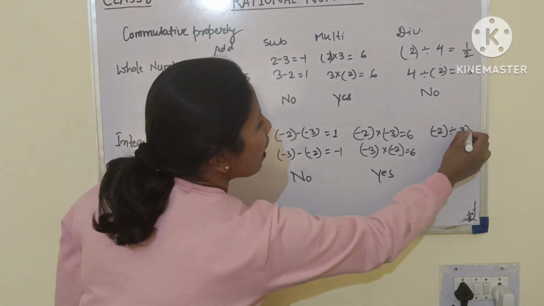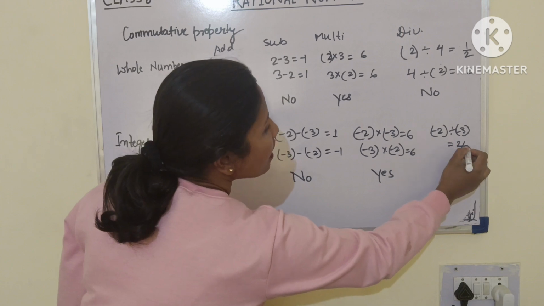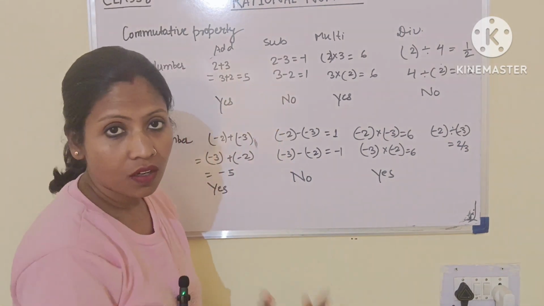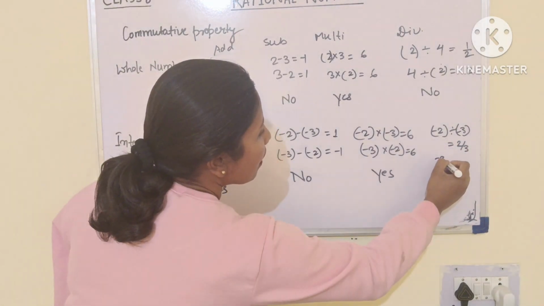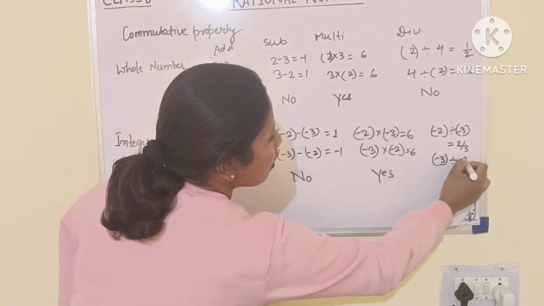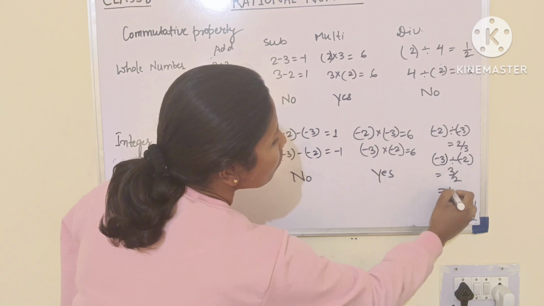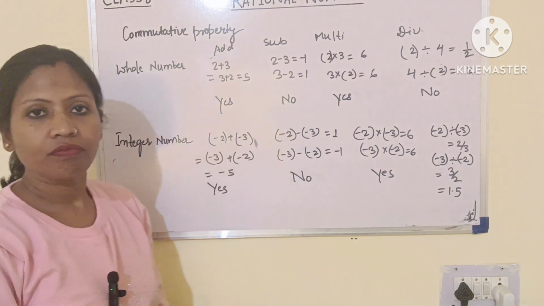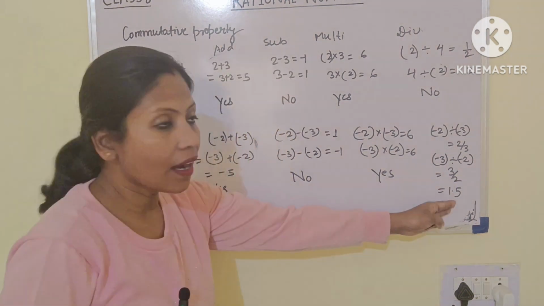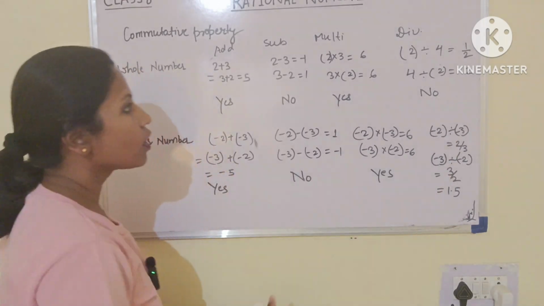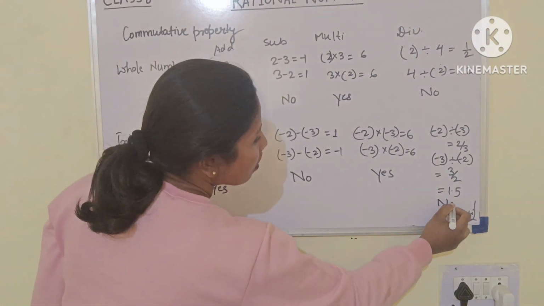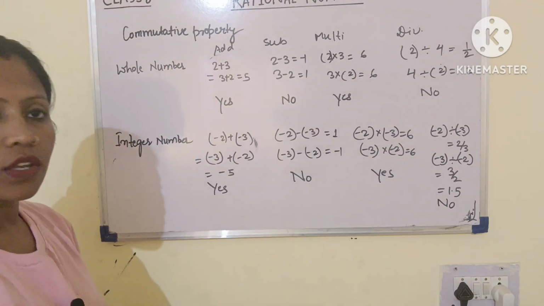Minus 2 divided by minus 3 will give you 2 by 3, something less than 1. Here minus 3 divided by minus 2 will give you 3 by 2, it's 1.5, greater than 1. So here also the commutative property is not followed.